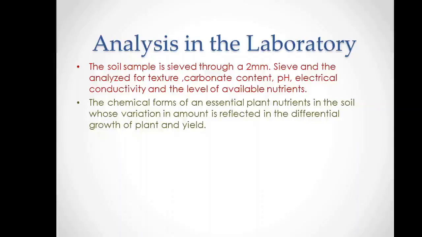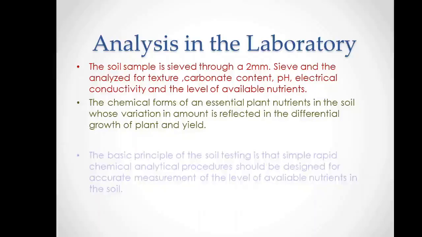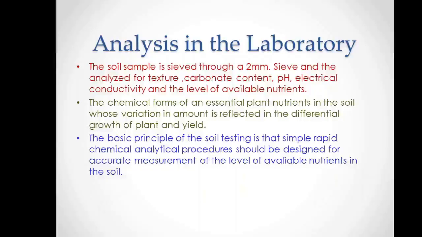The chemical form of an essential plant nutrient in the soil is one whose variation in amount is reflected in the differential growth of the plant and yield. The basic principle of soil testing is that a simple, rapid chemical analytical procedure should be designed for accurate measurement of the level of available nutrients in the soil.